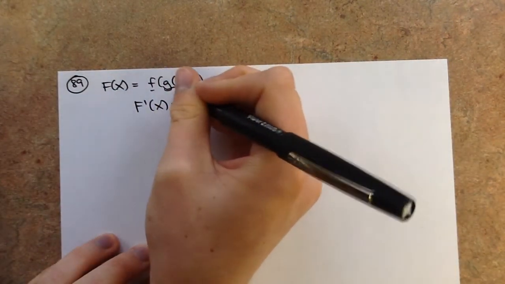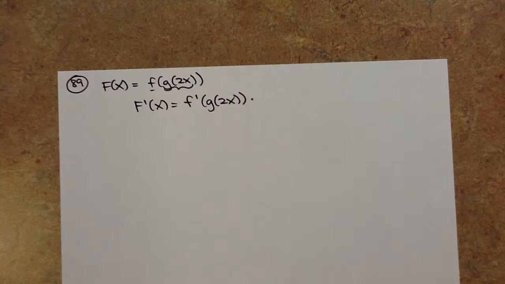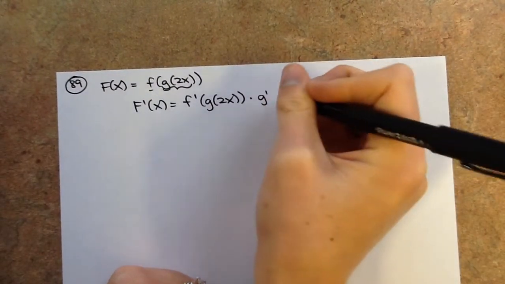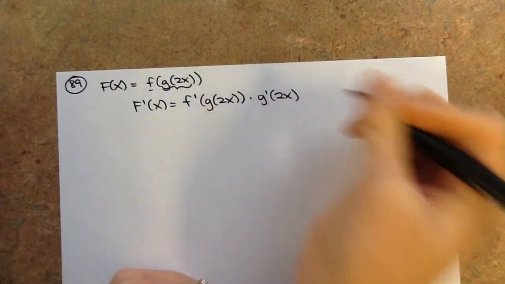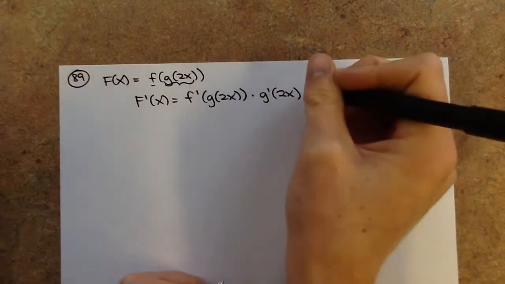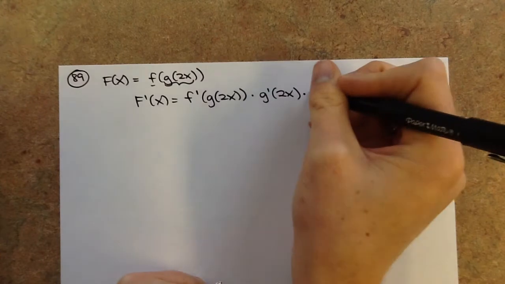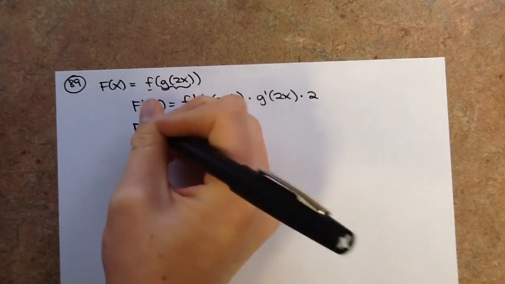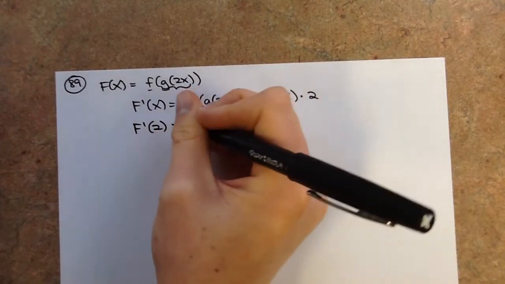So right now I'm working on finding the derivative of this, which also requires a chain rule. So I do g prime, I leave the 2x in place, and then I multiply by the derivative of 2x, which is 2.